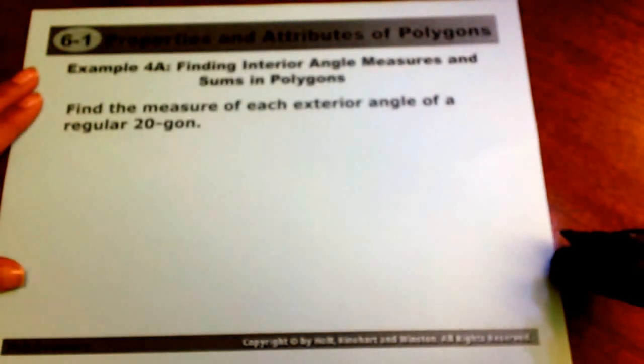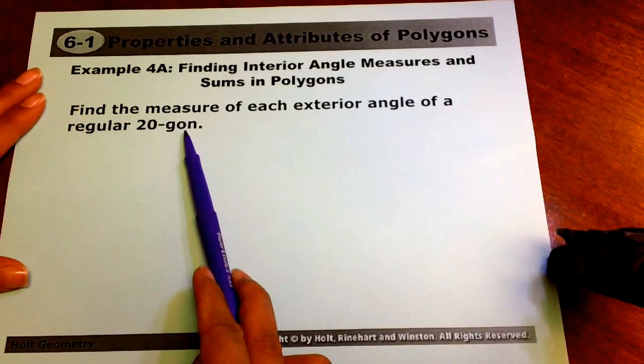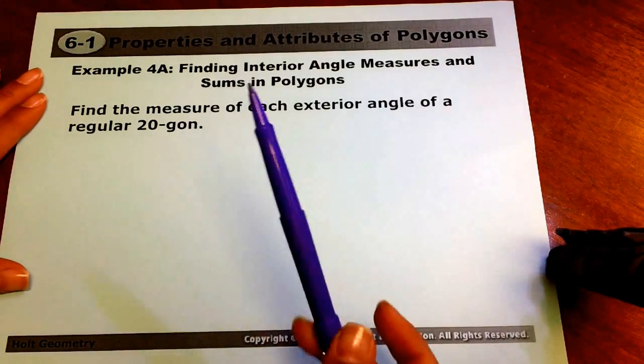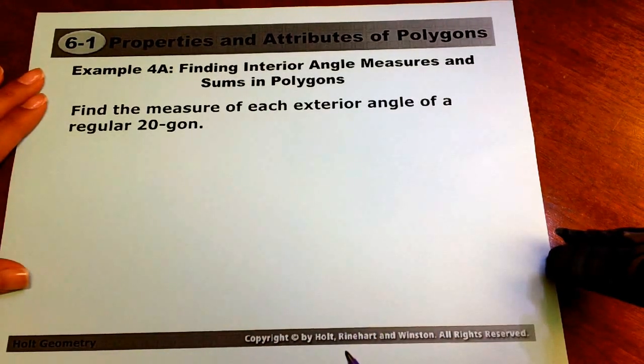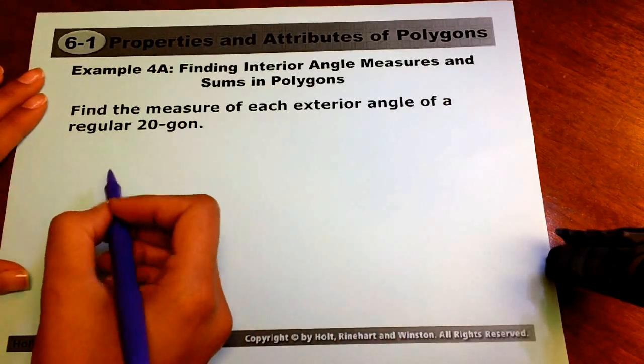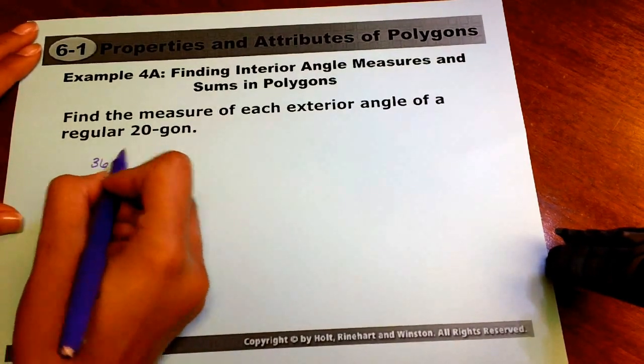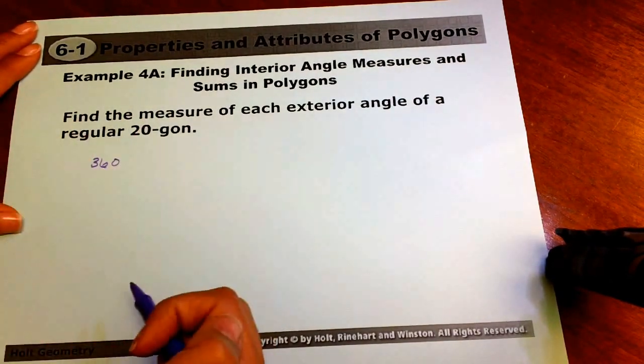So here's our first question of the next section. We have to find the measure of each exterior angle of a regular 20-gon. A 20-gon has obviously 20 sides. So we're going to go with the sum of the exterior angles being 360, the sum of all the exterior angles of that shape.